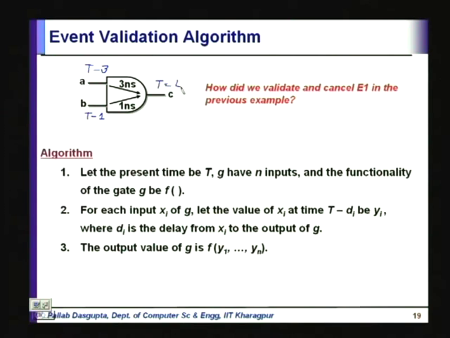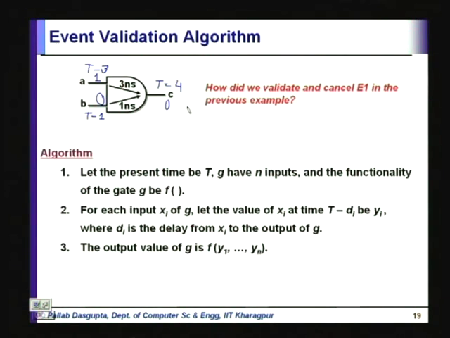So, we were evaluating C at time 4. So, t minus 1 was 3. So, at time 3 this value was 0, because B had already fallen at that time, right. So, therefore, this value we are taking as 0, and this value we are taking as 1. But then if in an AND gate any input is 0, then the output is 0. So, at t equal to 4 C evaluates to 0, which is what we are expecting.